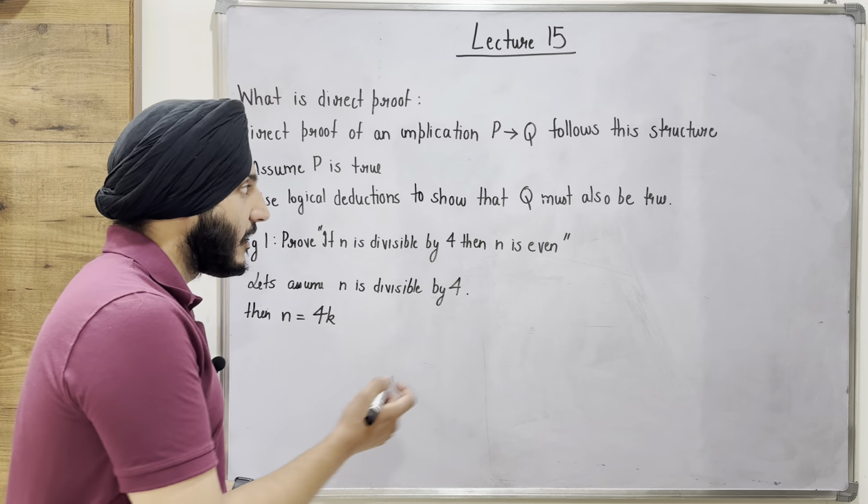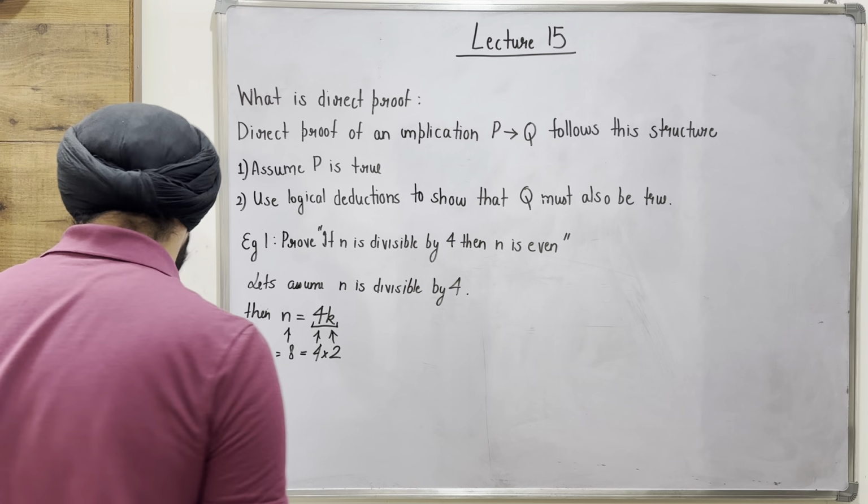Let's say n is equal to 4 multiplied by 2. So n over here would be 8, 4 would be the value 4, and k would be the value 2. So if any number is divisible by 4, then we can write it in this form, 4 multiplied by the value k. I hope you're able to understand this form.